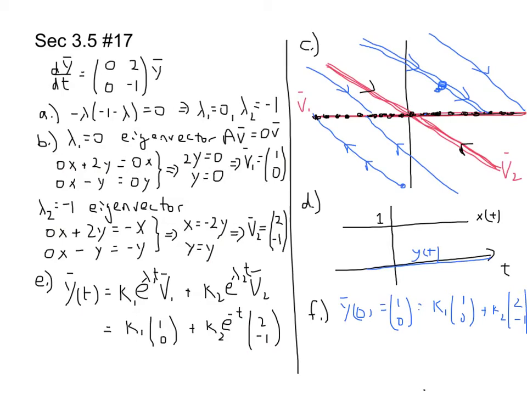And it's, I think, clear that we'd end up with k1 equals 1, k2 equals 0, and so our solution is simply (1, 0).